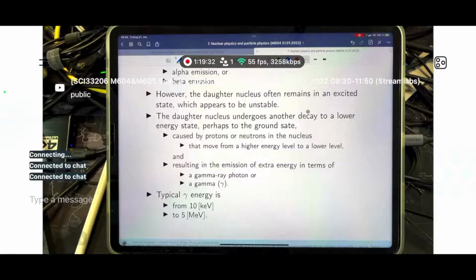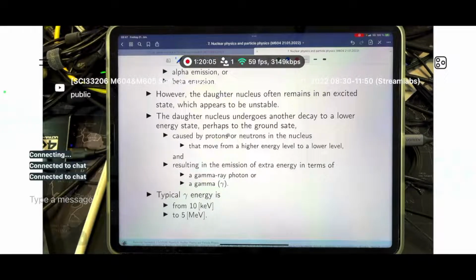Even if the alpha particle has been emitted, even if beta particles, whether beta plus or beta minus, have been emitted, sometimes the nucleus still remains in an excited state because there is still vibration caused by protons and neutrons.